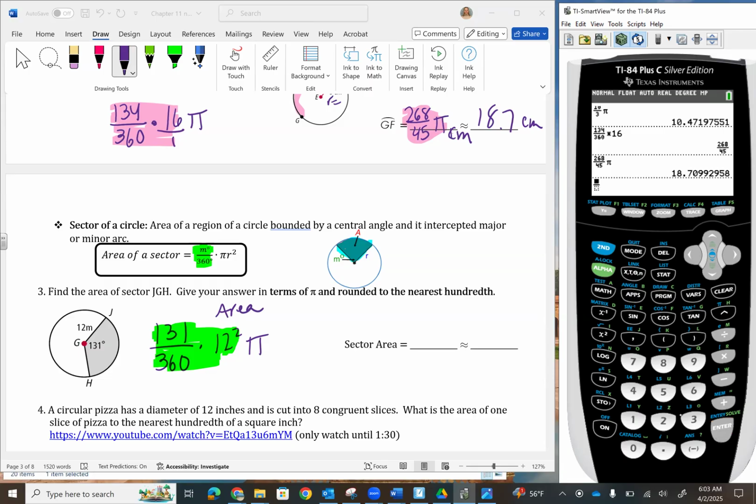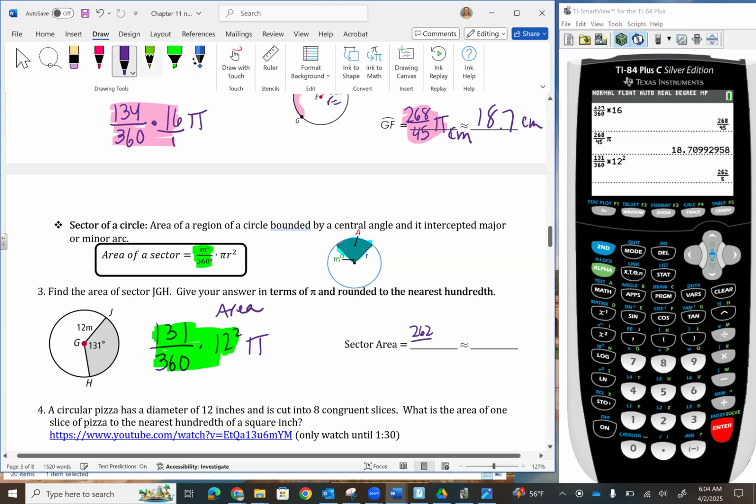And then we're going to do 131 over 360, and then we're going to multiply it by 12 squared. And you can put it over 1. You can multiply it by 144. It's the same thing. But your calculator is pretty good at figuring out stuff. So 262 over 5 pi, and that is going to be meters squared.